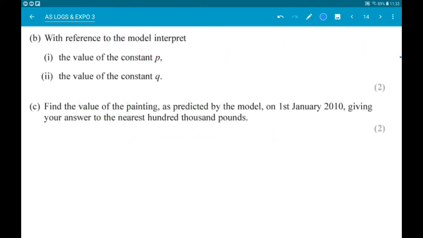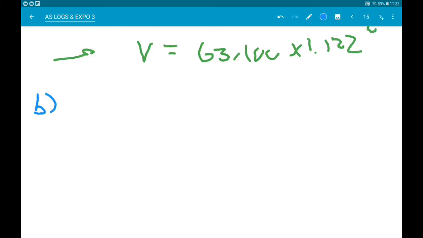Okay then, for part B, with reference to the model, interpret the values of P and Q. So, P was 63,100. Now when T is 0, V is 63,100, because 1.122 to the power 0 is just 1.